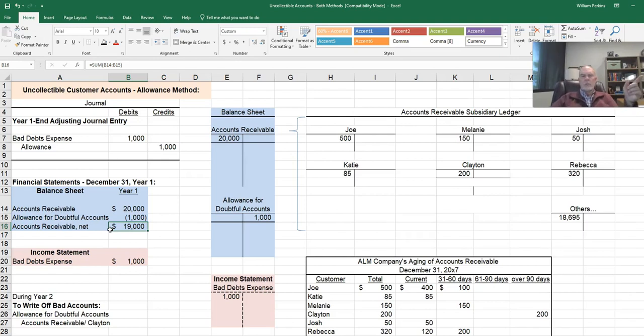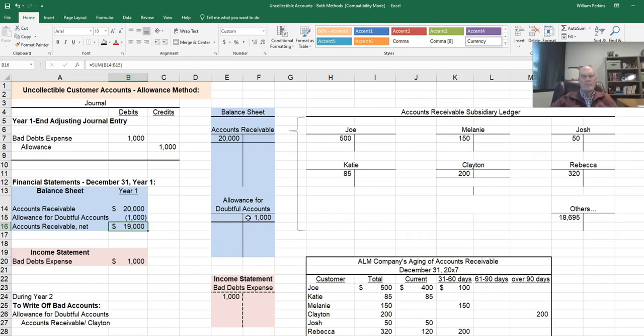Now you'll notice when we credited the allowance account, which brings down the accounts receivable, we are recording bad debt expense at that time. So under the allowance method, we don't record bad debt expense when we write off an account. We're going to estimate that at the end of the year, set up this allowance account, and then when we identify an actual bad account, we're going to write it off against the estimate.